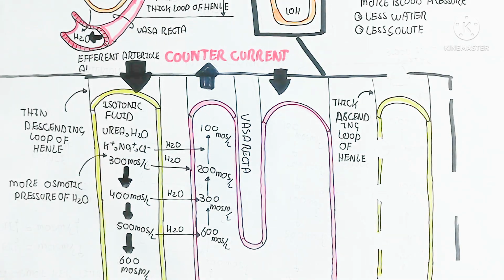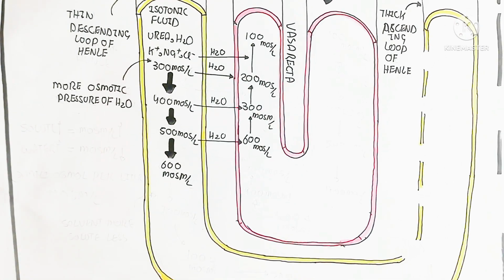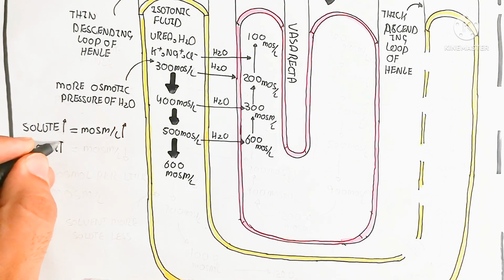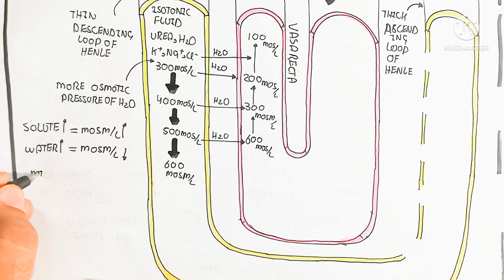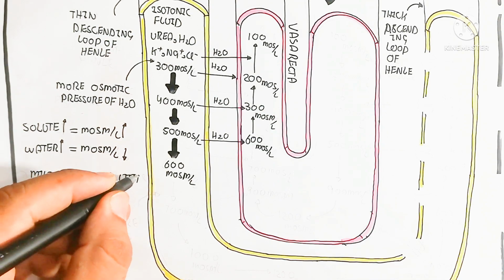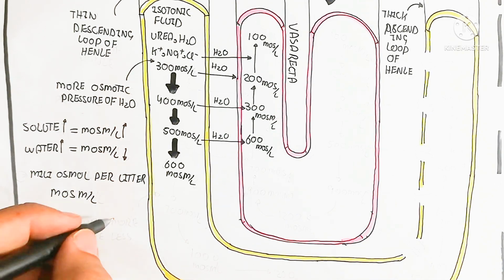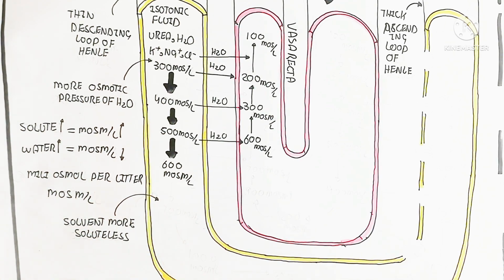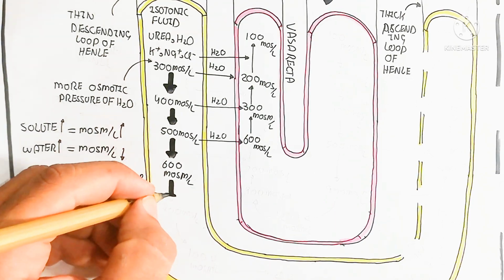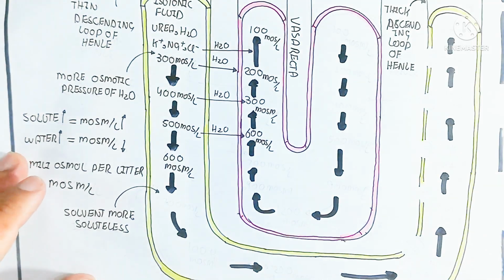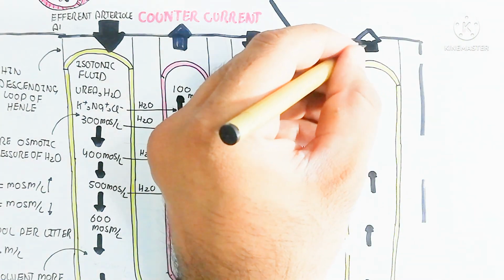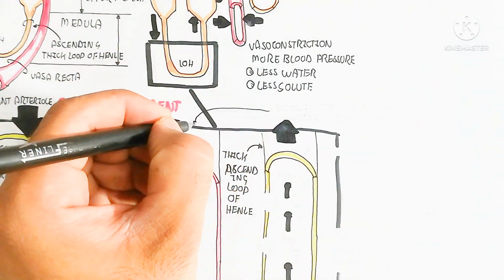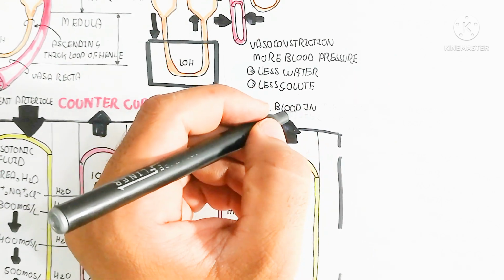It means that a decrease of the water will lead to the milliosmol per liter decreasing. Here, when the solute increases, the milliosmol per liter will increase, while when the water increases, the milliosmol per liter will decrease, and this milliosmol per liter is known as the mOsm. So the solvent is more and the solute is less, and in this way the solvent moving toward the vasa recta will increase, and when the solute decreases, it will lead to an increase of the milliosmol per liter.